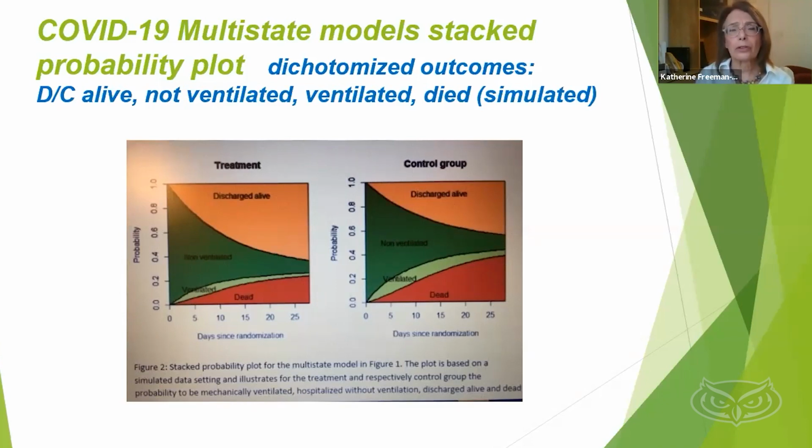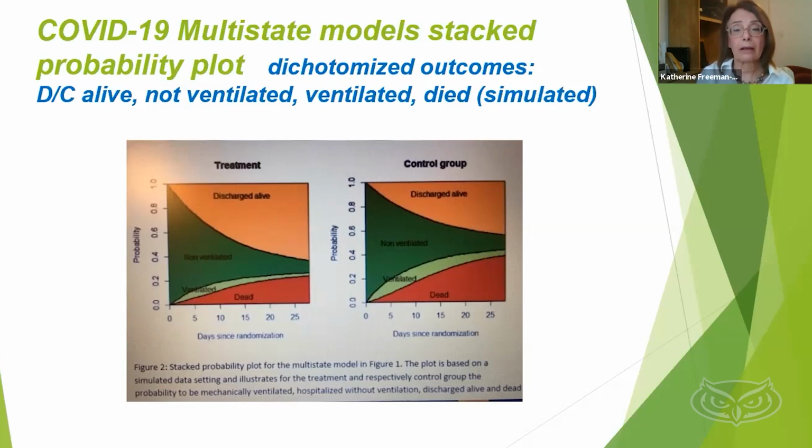And what you're doing is actually dichotomizing each of these outcomes. And then you're displaying the proportion at the various points in time, in different colors. And you're looking at each of the graphs, comparing them with regard to areas that reflect the different outcomes.